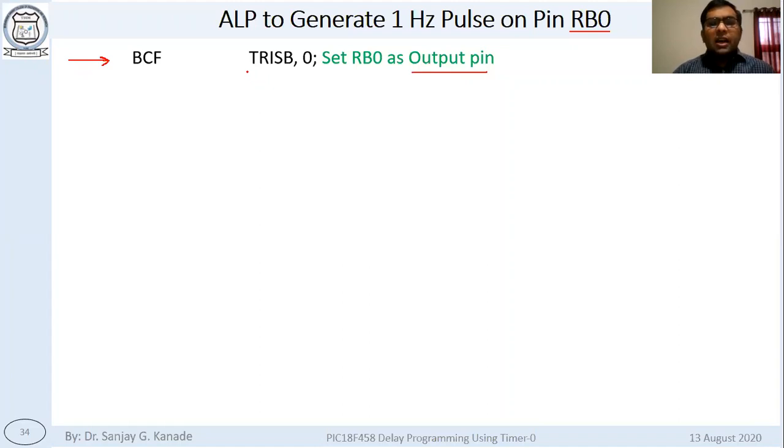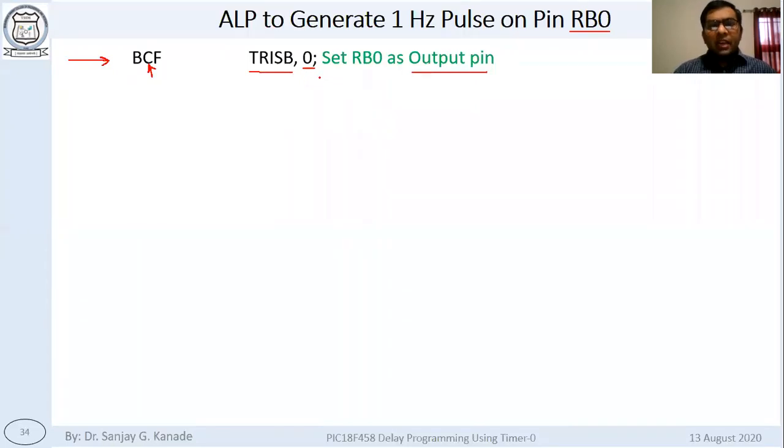Okay, and as we have seen a number of times, when we want to set a pin as output, we make that particular bit 0, using BCF. What is this instruction? Bit clear in F. F in this case is TRISB and the bit is 0.